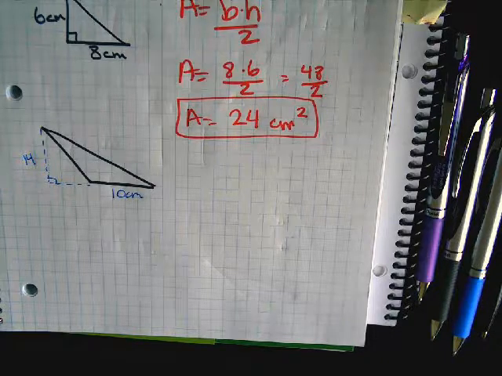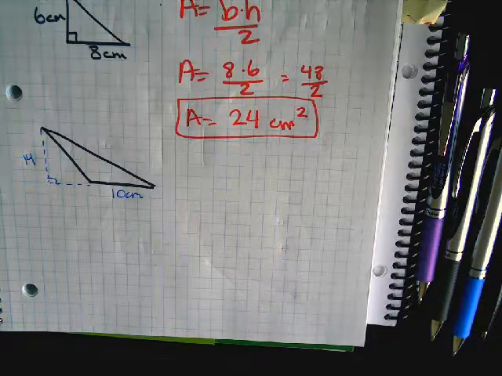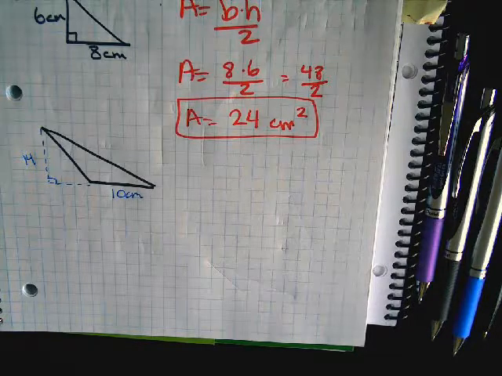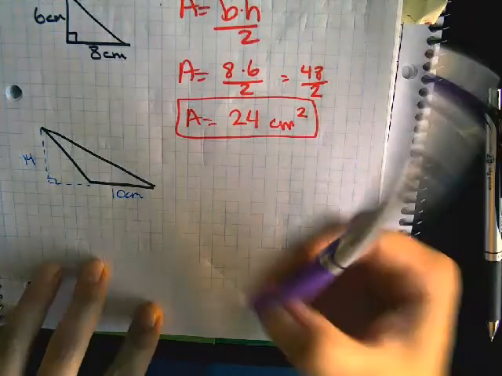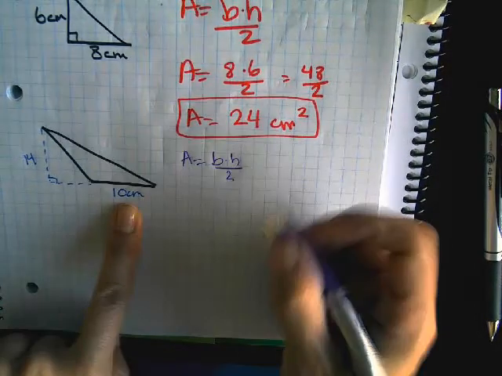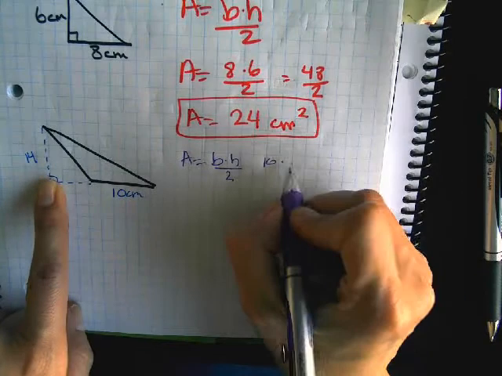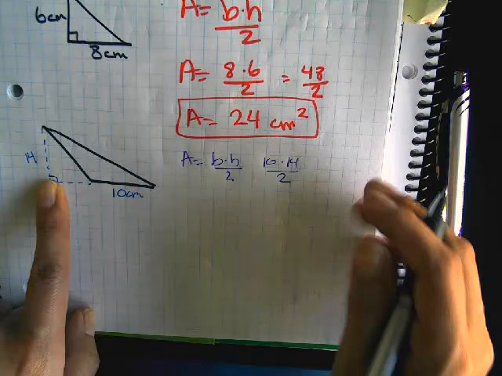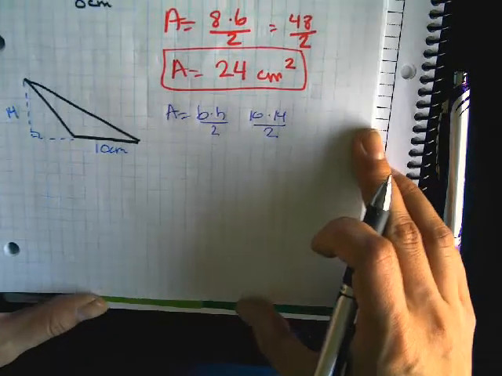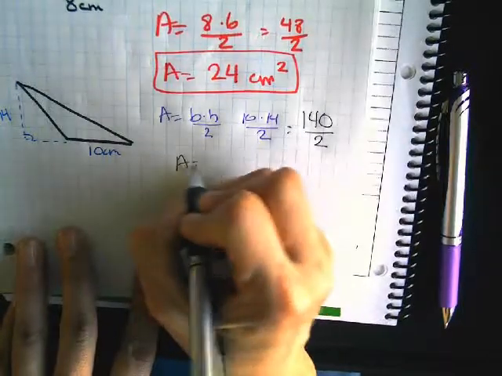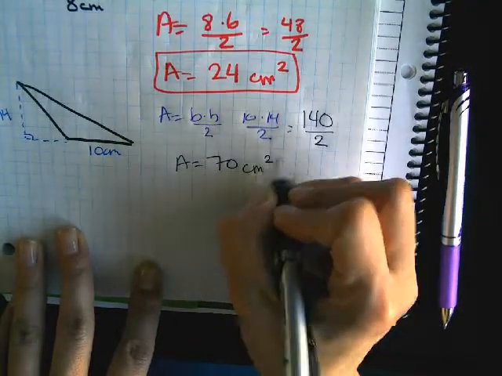Your base is 10 and your height is 14. Area equals base times height divided by 2. What's your base? 10 times what's your height? 14 divided by 2. What's 10 times 14? 140. So this is 140 divided by 2. Area equals 70 centimeters squared.